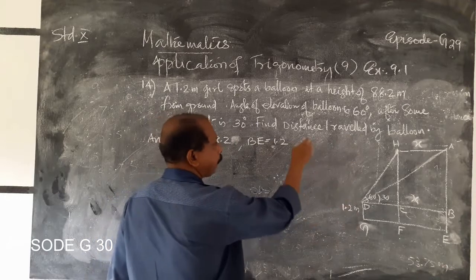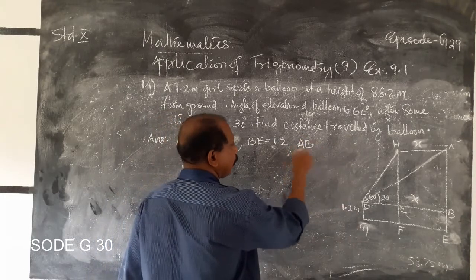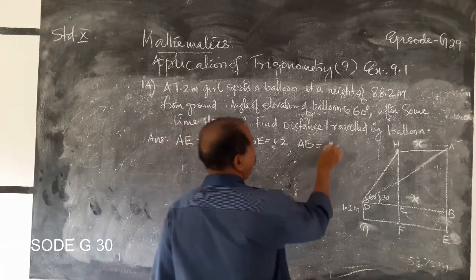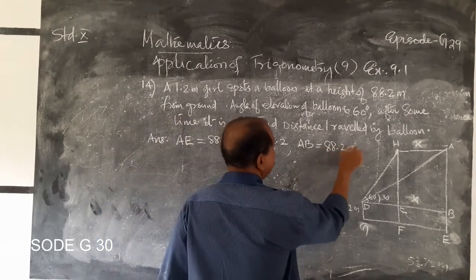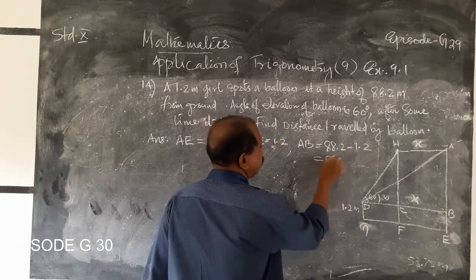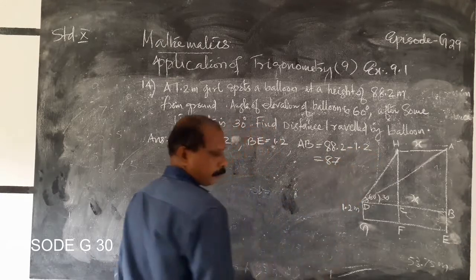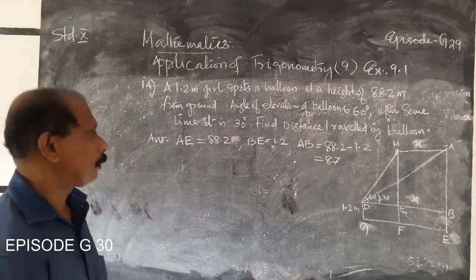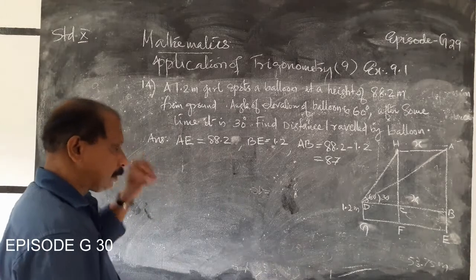Therefore AB is equal to 88.2 minus 1.2, which is equal to 87. Therefore AB is 87.